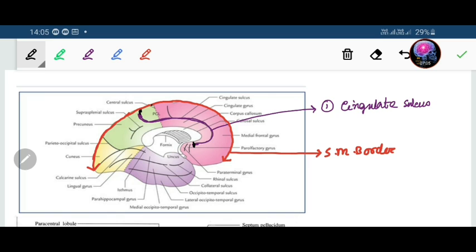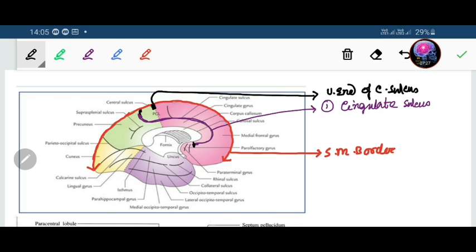You remember the upper end of central sulcus was extended into the medial surface to some extent, and that is the upper end of central sulcus.